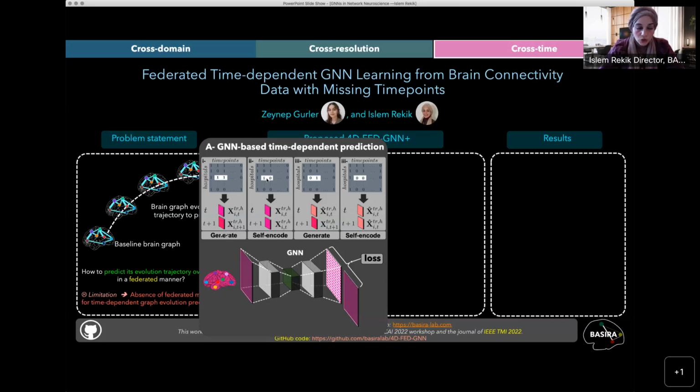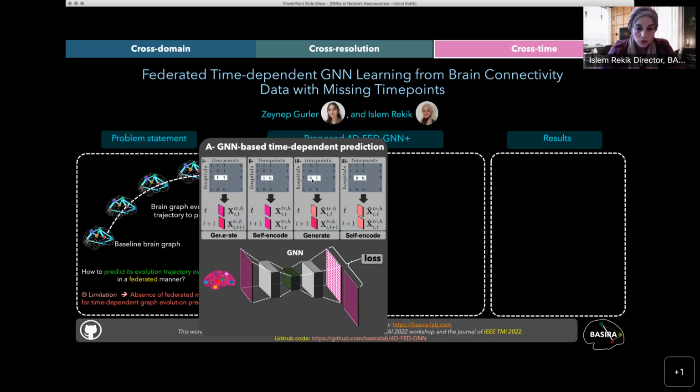Now, we have 4 cases here. The second case is when you have an existing time point but the next one is missing. How are you going to train the model for this hospital locally? So what we did was a self-encoder. You self-encode, which means you just pass on almost an identity map when you train it locally before you get the information from the server in the federation round.